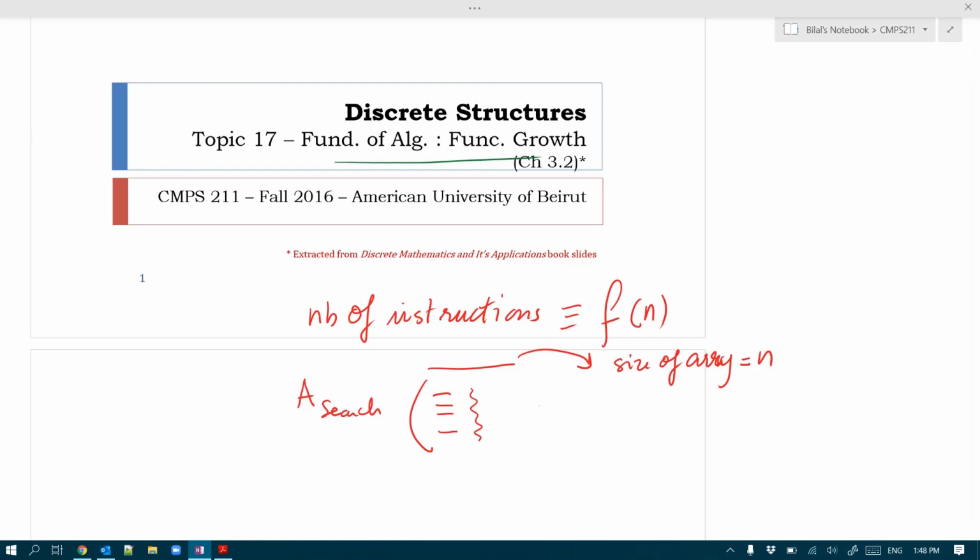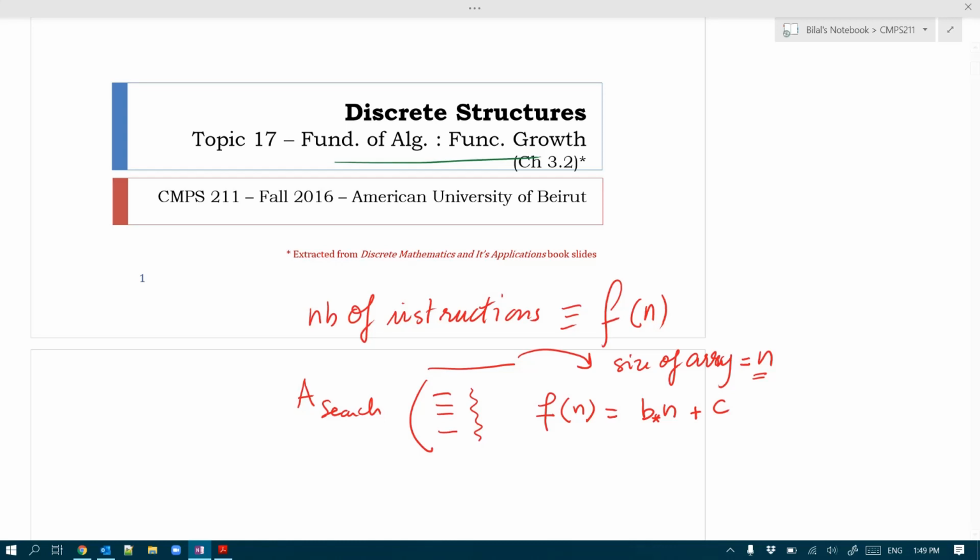So typically you will find that the number of instructions would be a certain linear function of n, because you would be doing some b instructions inside the loop. So you will be doing those instructions n times, where once again n is the size of the array, plus maybe a few initialization at the beginning, and a few statements at the end to return the final value.